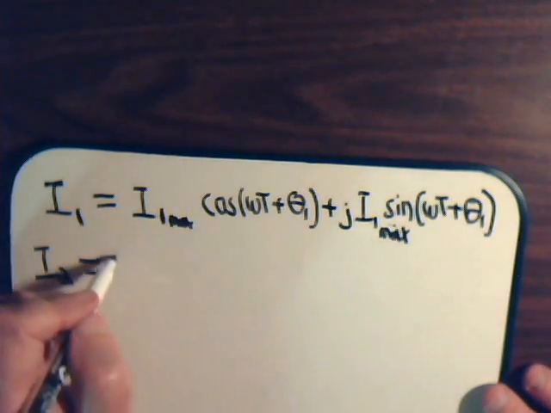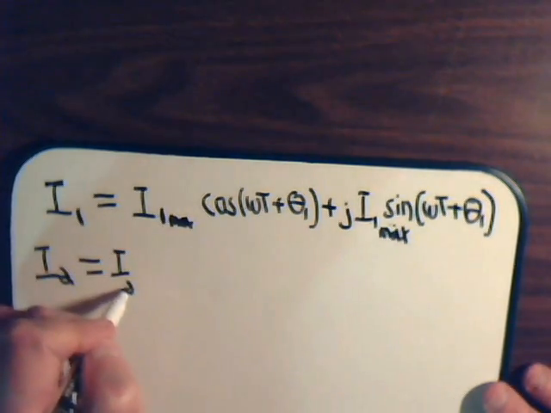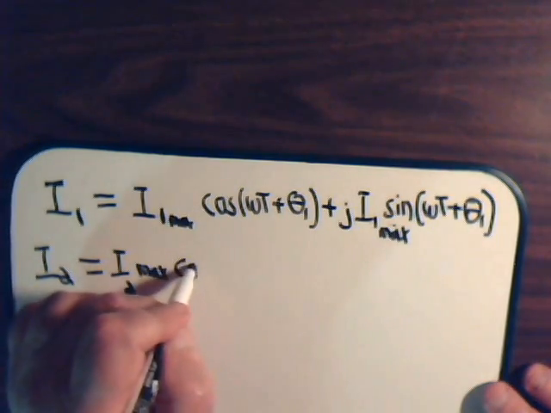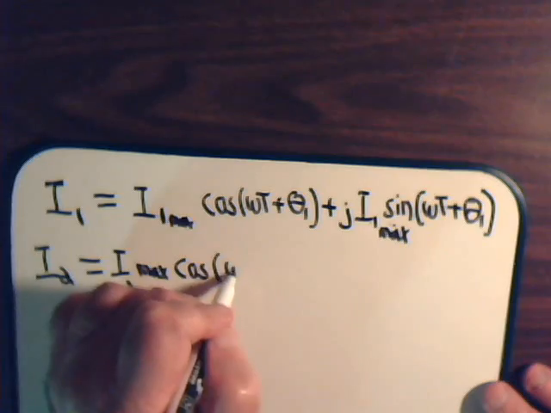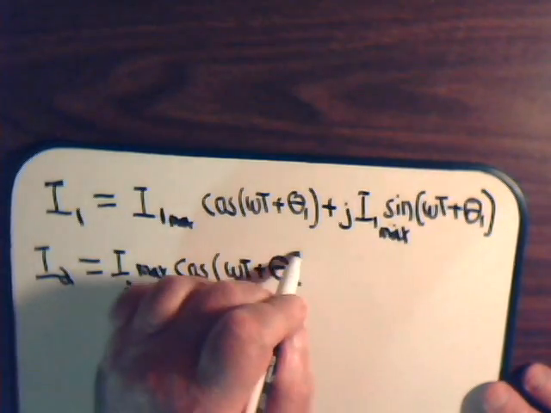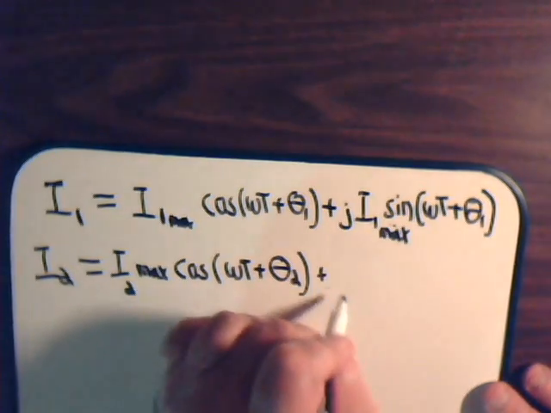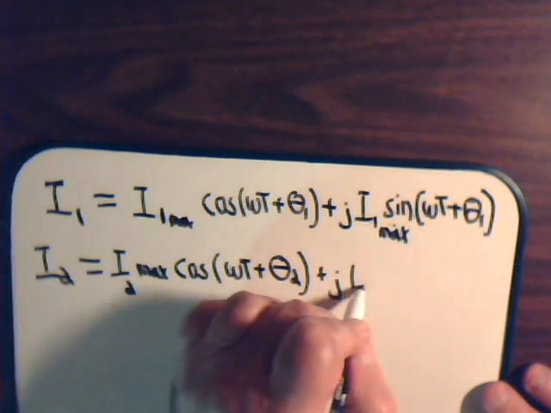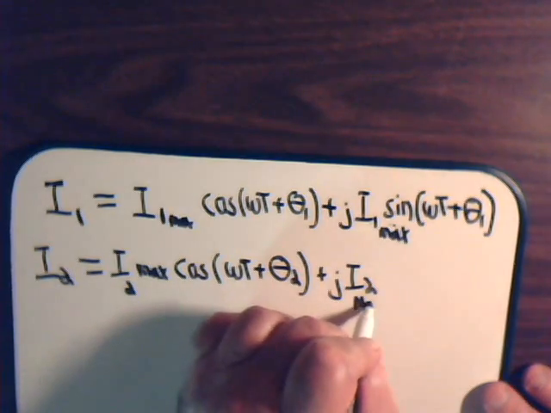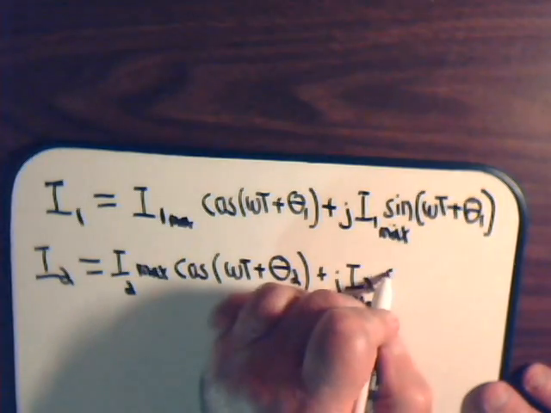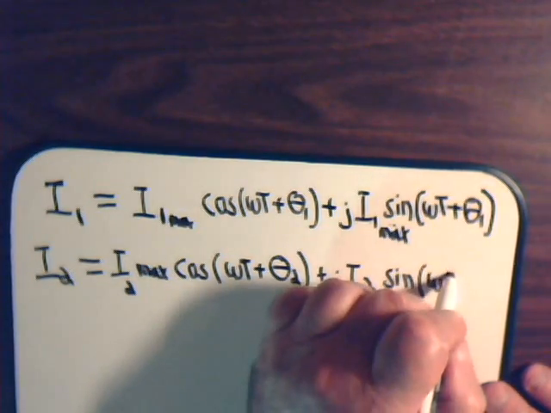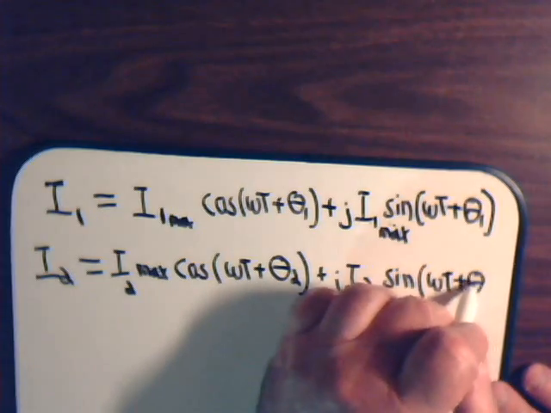And I2 we could write as I2 max times the cosine of omega t plus theta 2, plus j I2 max times the sine of omega t plus theta 2.